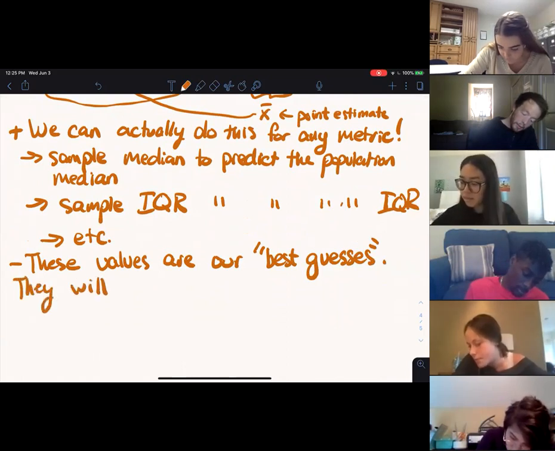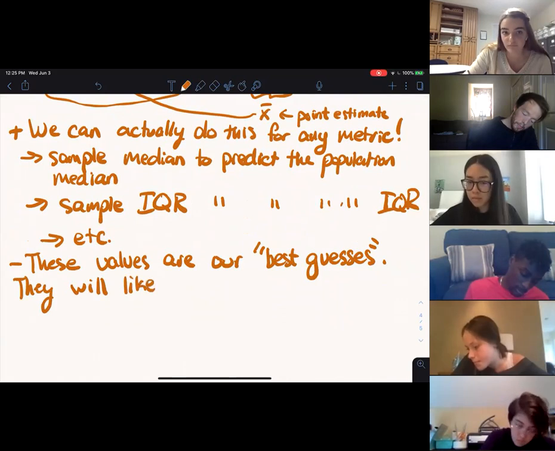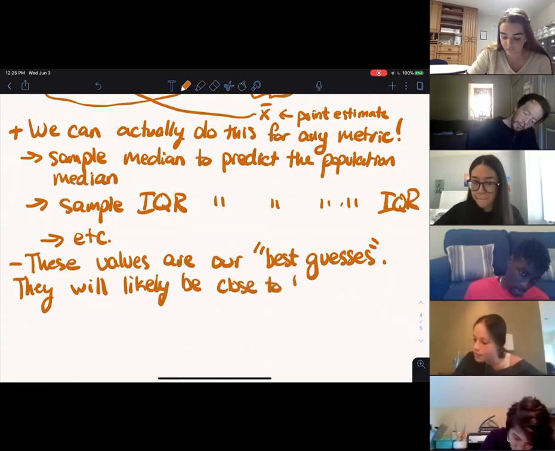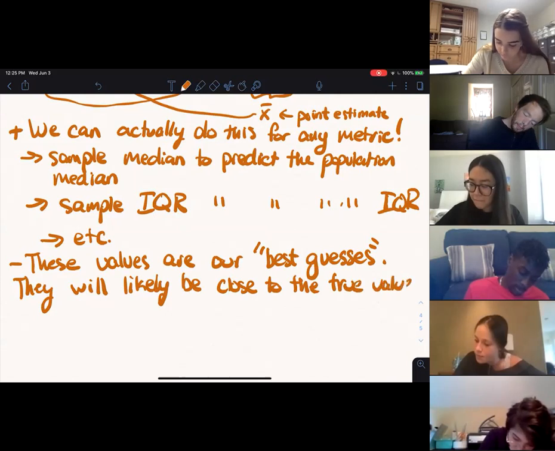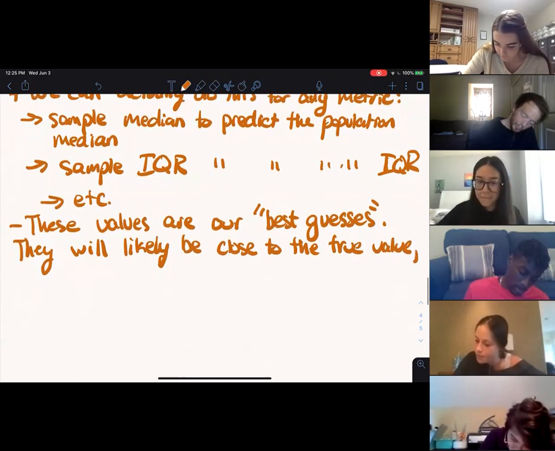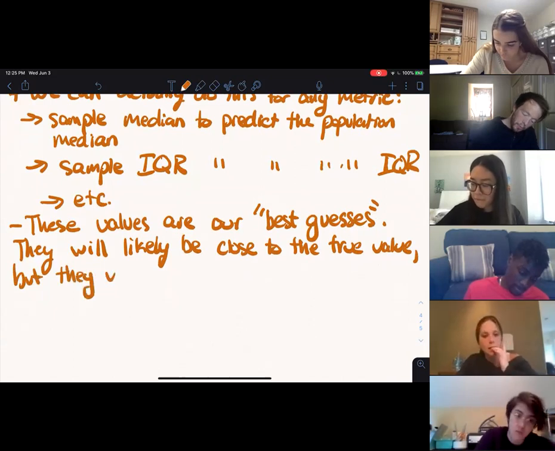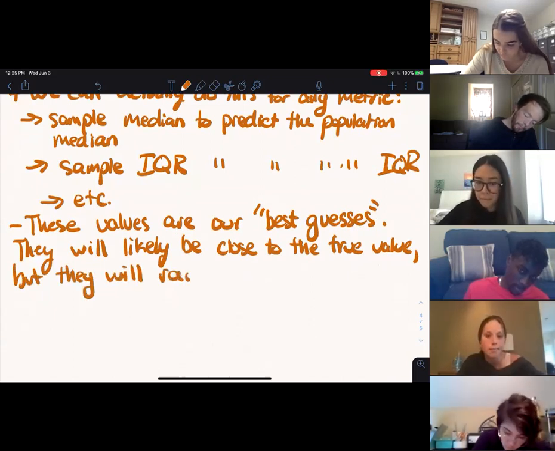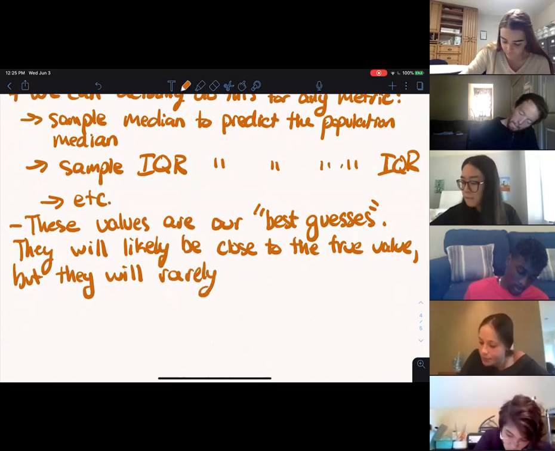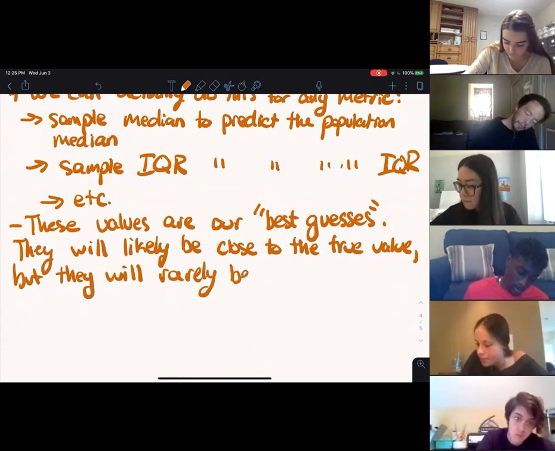They will likely be close to the true value, but they will rarely be equal to it.